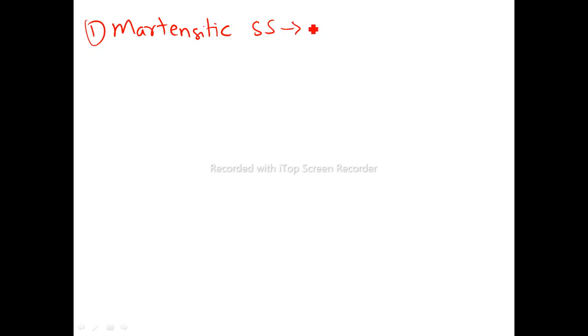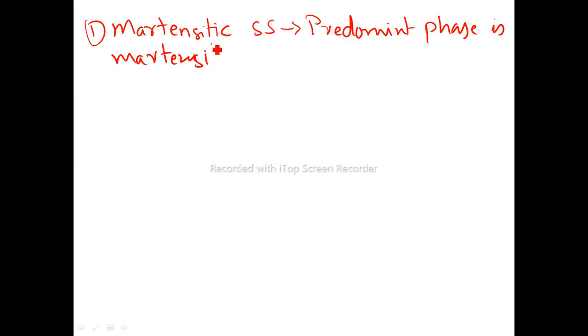As I explained, the predominant phase is Martensite.